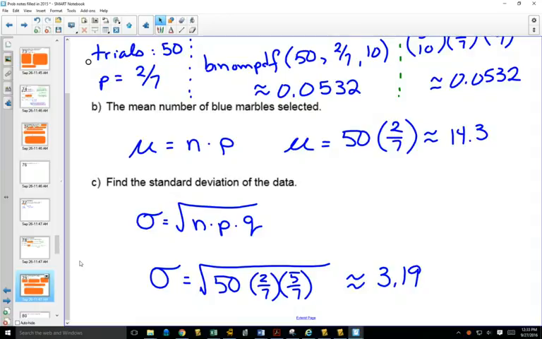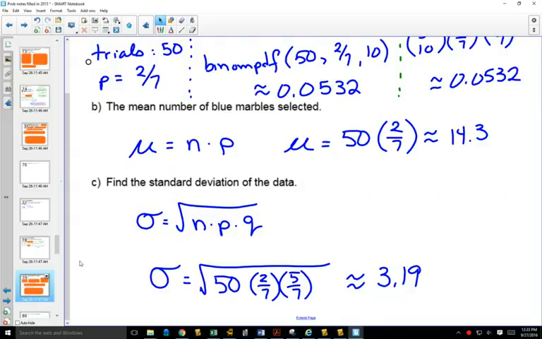And that 3.19 doesn't mean a lot to you yet because we haven't dealt with standard deviations. But what it's telling us is that if we would do this experiment, the mean is 14.3. If you go up 3 and down 3 from 14.3, that would be a range of about 11 to 17.